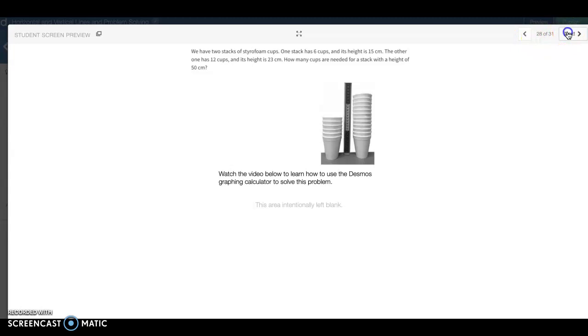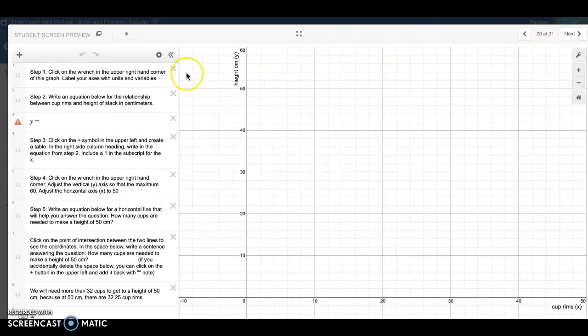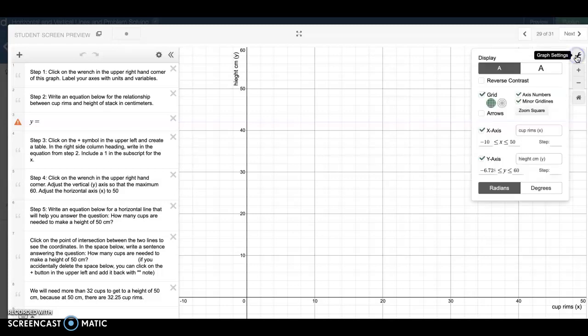So first we can click on the wrench in the upper right hand corner, this wrench right here, and we're going to label our axes with units and variables. Now you can see that I have already labeled them. The x-axis is the independent variable.